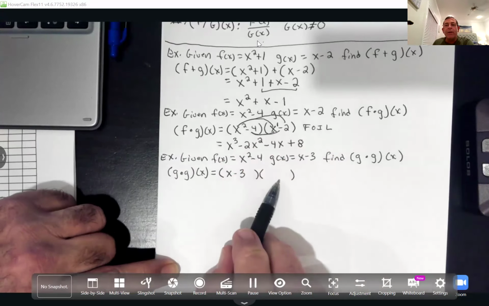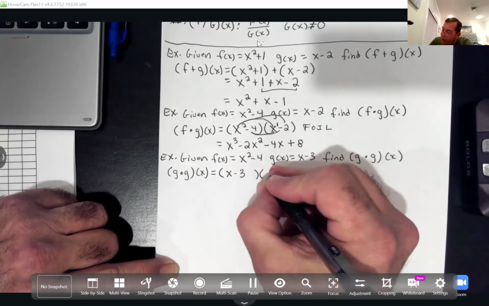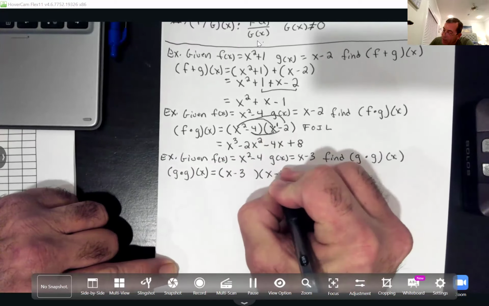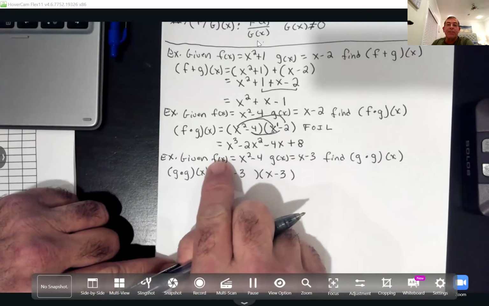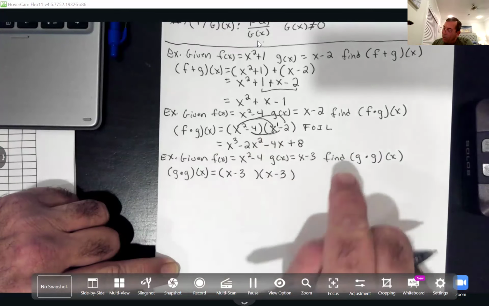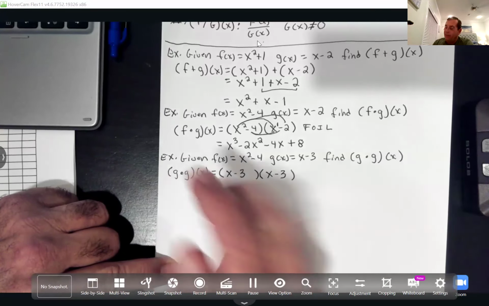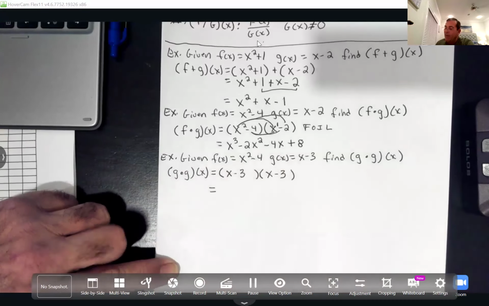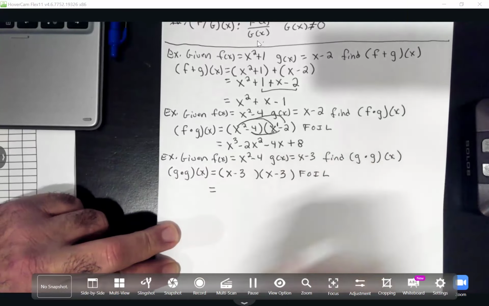And y'all, what are we putting here? Well, that's g times g, so we're putting g again. They didn't use f in this one. They just threw this in here for a curveball, okay? What we got to put in here to multiply is what they're asking for right here. Which means I get to FOIL again.